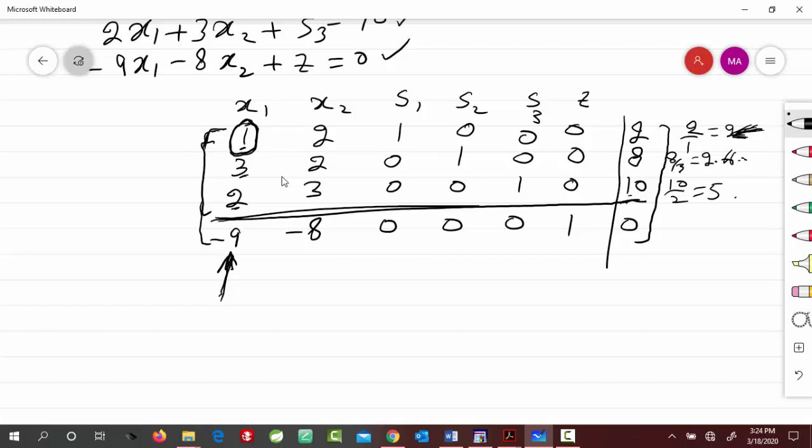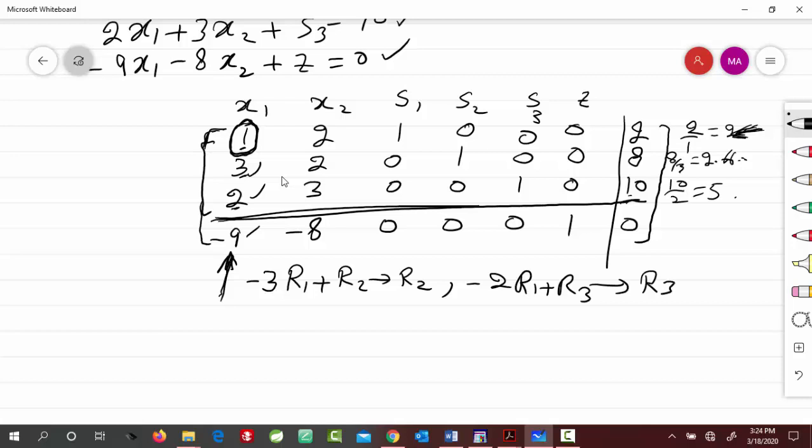To perform the pivot, we have to make zeros in the first column, everything other than the pivot itself. So we have to make this 0, this 0. To do this, our operation would be: 1 times row 1 plus row 2 is the new row 2, negative 2 times row 1 plus row 3 is the new row 3, and 9 times row 1 plus row 4 is the new row 4.